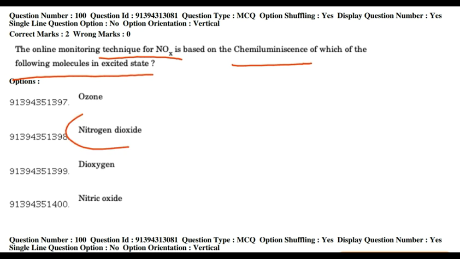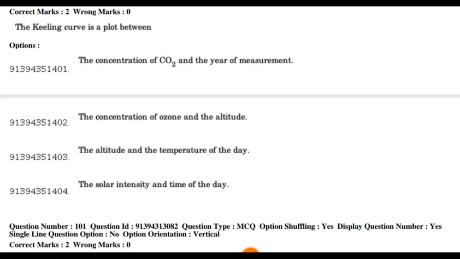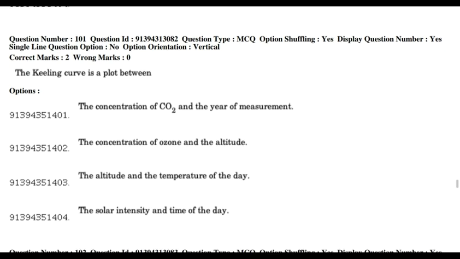So the right answer is nitrogen dioxide. Next, the Keeling curve is a plot between the concentration of carbon dioxide and the year of measurement.